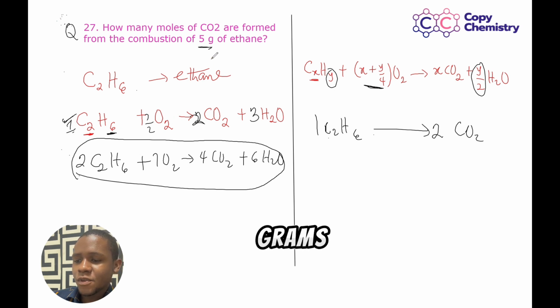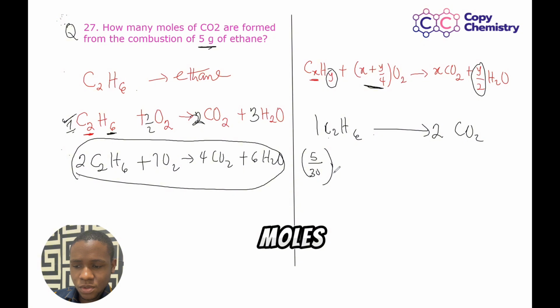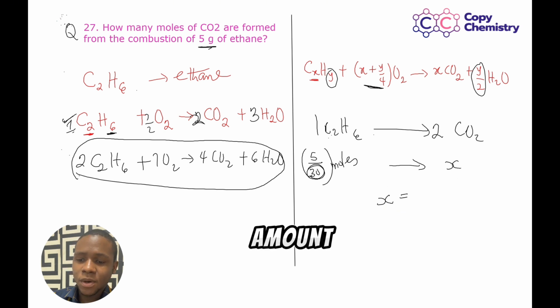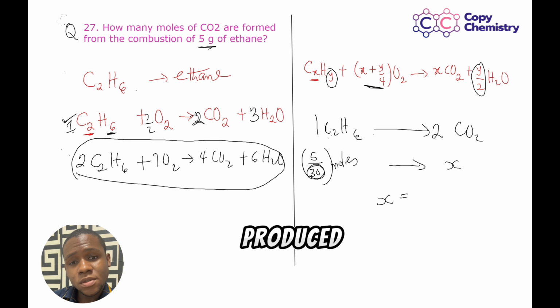So if I have 5 grams of ethane, 5 grams in moles should be 5 divided by 30 in moles. Do you know how I got this 30 here? The molar mass of ethane. And then this should give us x, the amount of CO2 that should be produced.